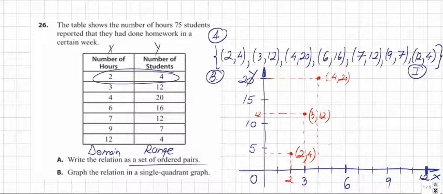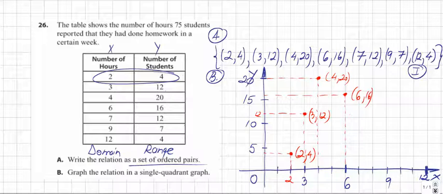For 6, I got 16, right? 16 is about here. Oh, hold on, because the 4 was 4 and 20, and then 6 and 16. Okay, you can see, go with the vertical line from 6. That will be 6 and 16.